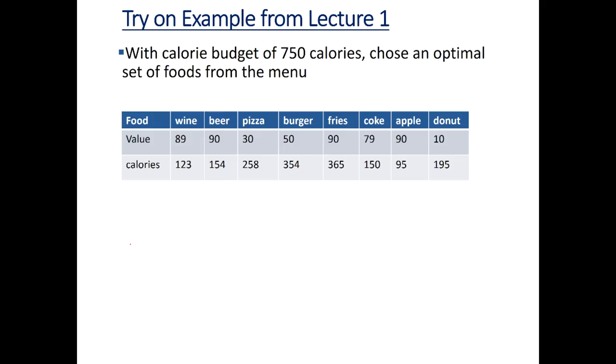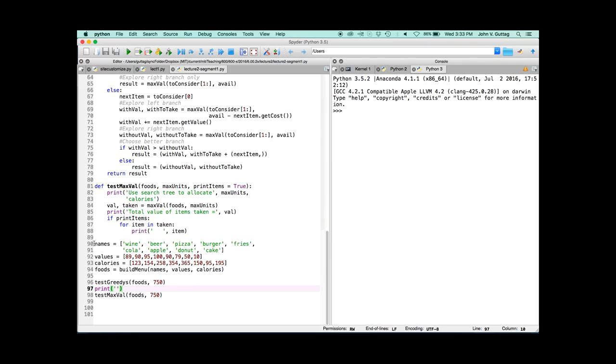All right, let's try it on our example from lecture 1. Here's the menu. Again, I'll assume our calorie budget is 750, and we'll try and really choose an optimal solution this time. So what we see over here in the code is I've built the menu as before. I'm going to run test greedies as before, and then we'll test MaxVal and see if we get a different answer.